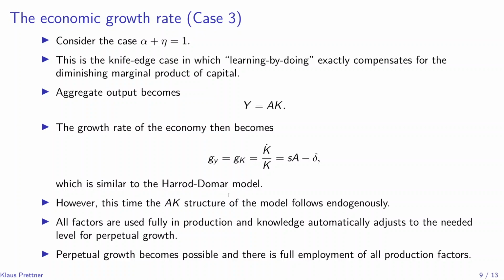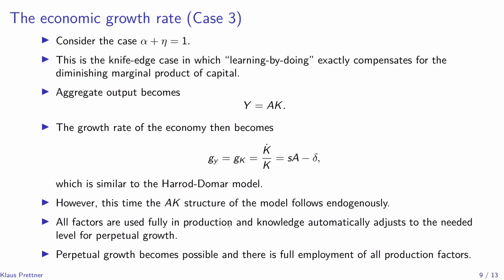Now, this is similar to the growth rate of the Harrod-Domar model that we had when you watch this video. However, in the Harrod-Domar model, it was just presumed because it was assumed that there is no diminishing marginal product of physical capital. Here, the AK structure of the model follows endogenously from the specification that aggregate productivity, which can be thought of as technological progress or knowledge or whatever, accumulates due to the production process.